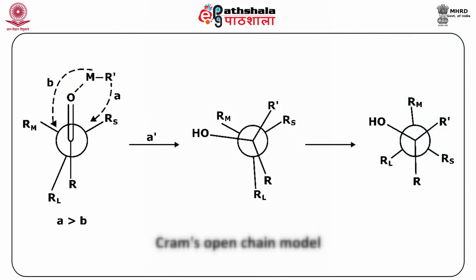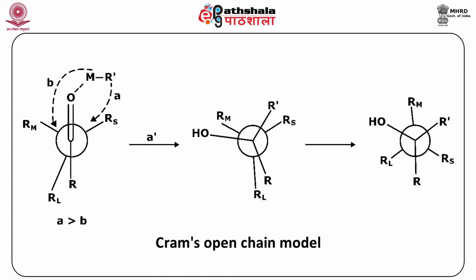In the open chain model, as shown in structure 1 in figure 4, the ketonic group is flanked by two smaller groups RS and RM, with the large group RL nearly eclipsed with the R, which is shown in figure 4.